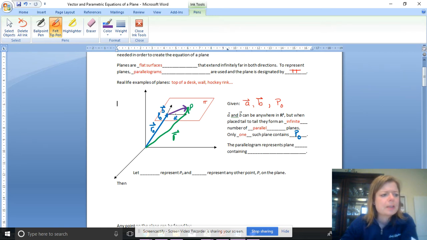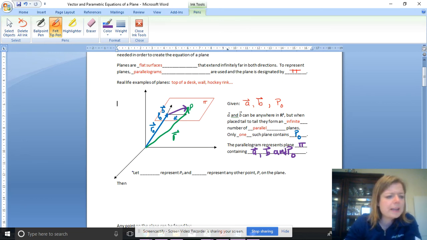All right. So A and B can be anywhere in R3, but when they're placed tail to tail, the parallelogram represents the plane pi, and it contains A, B, and PO.